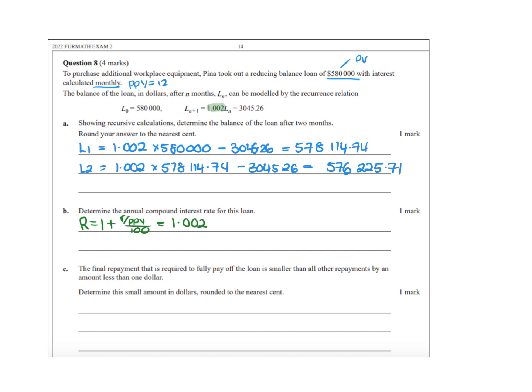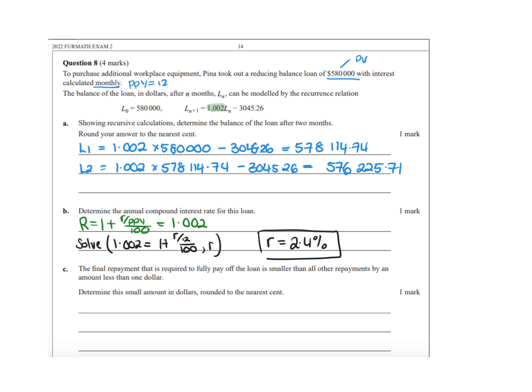So we could just use solve in our calculator, and we could just do solve 1.002 equals 1 plus, the R is what we're trying to find. We do know PPY was 12 and 100 and comma R, and we end up with an interest rate of 2.4% per annum. Okay, that's the annual interest rate.